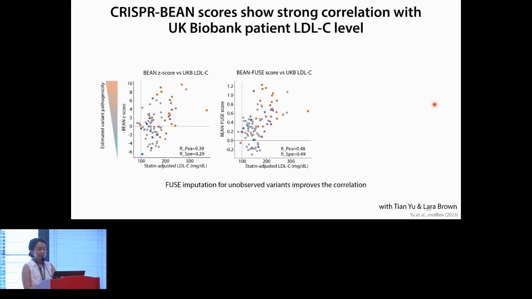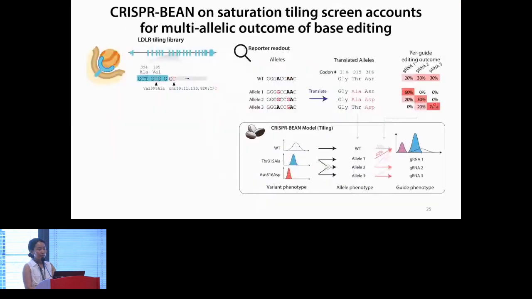It also takes bystander editing into account. I didn't elaborate on it here, but there are two different ways you can run the model. First, ignore bystanders, because we don't expect an effect from non-coding, non-candidate regions. Second, you should account for the bystanders, especially if you're working on the coding sequence tiling screen.